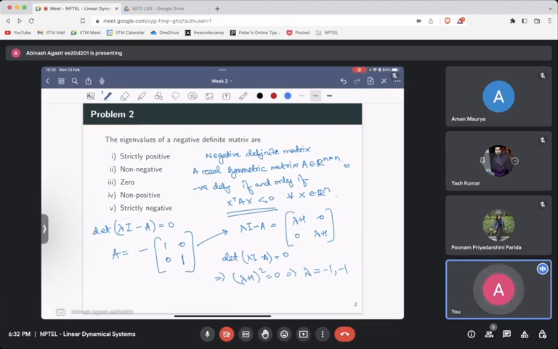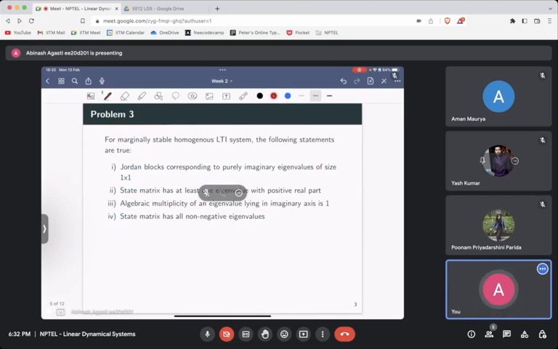I'm sorry I messed up earlier, but there is a proof for this. I'll update it in my slides later on. So for now, let us just accept that it is strictly negative. So the eigenvalues of a negative definite matrix are strictly negative. Okay, so with that I'll move forward.